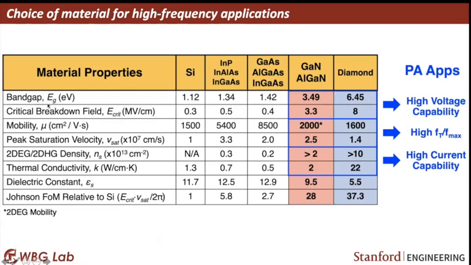There are three kinds of materials: insulators, semiconductors and metals. These are semiconductor materials, which have a band gap between 1 electron volt and about 6 or 7 electron volts. So what is the band gap of the material? For example, silicon has a band gap of 1.1. Gallium nitride, on the other hand, is 3.5.